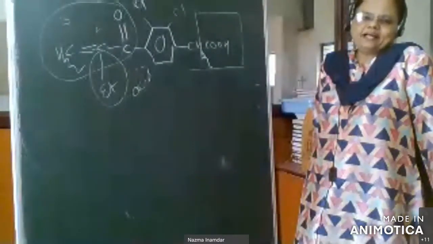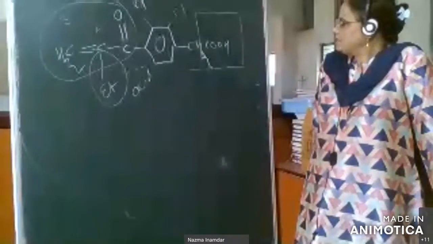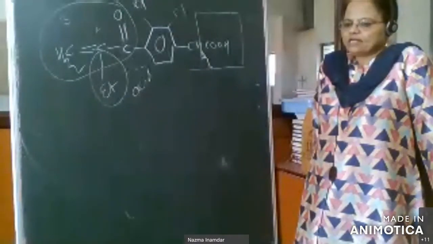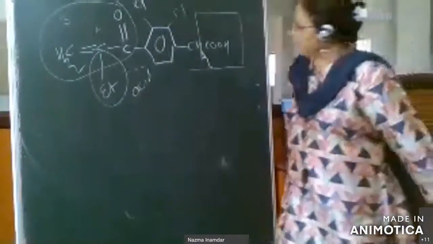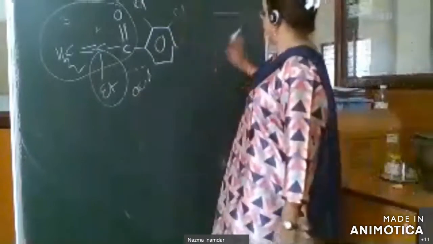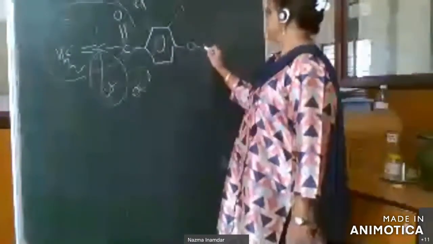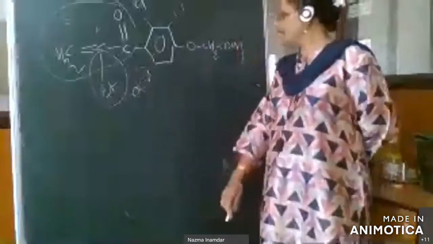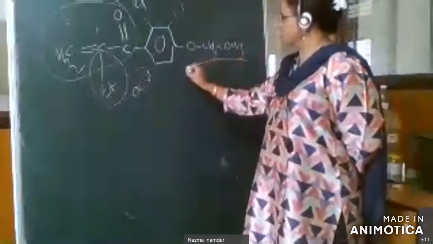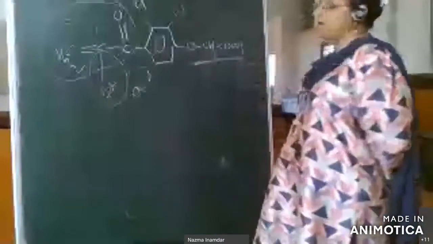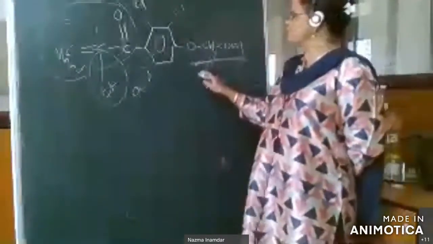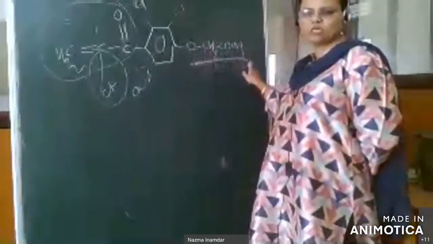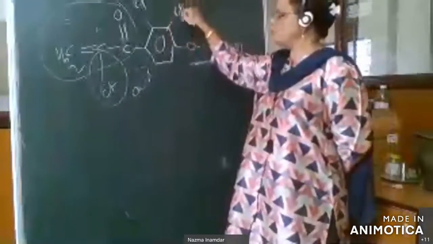Is anyone looking at the structure? I think it is not phenyl acetic acid, it is phenoxyacetic acid. So we have here an acidic function with oxygen, O-CH2COOH, and two chloro groups.